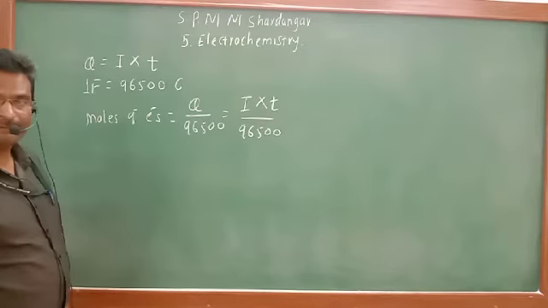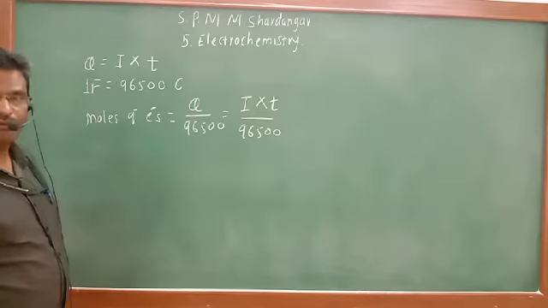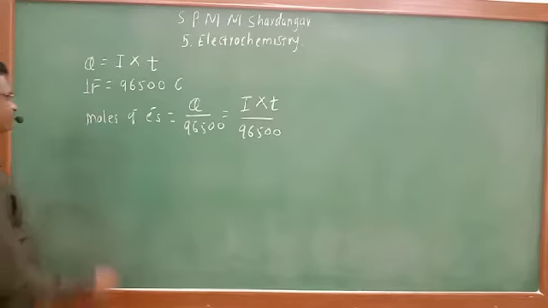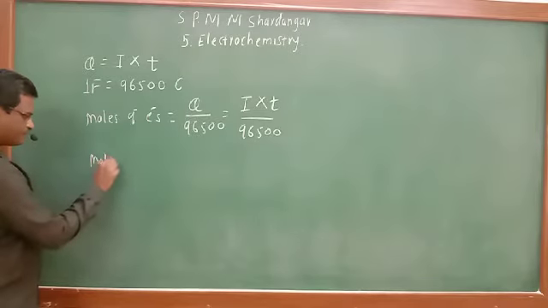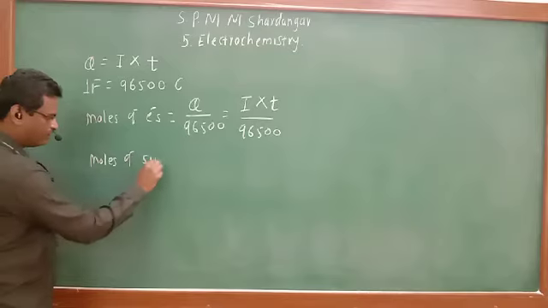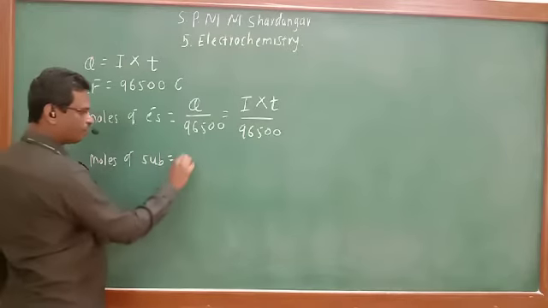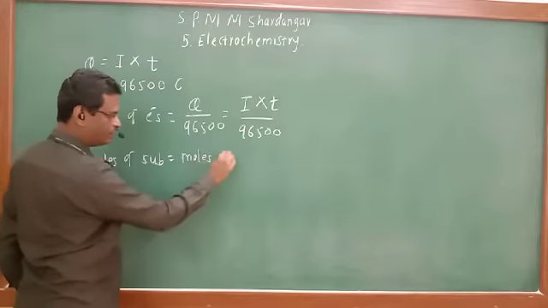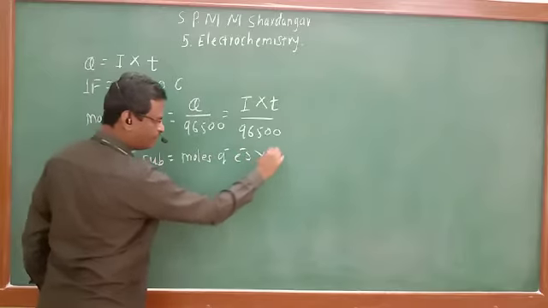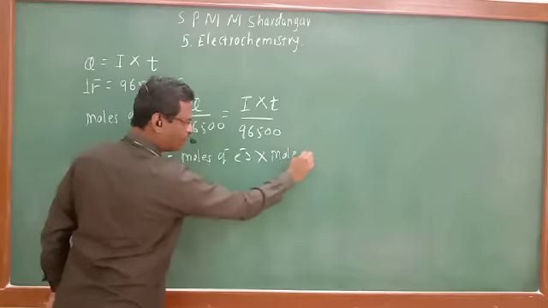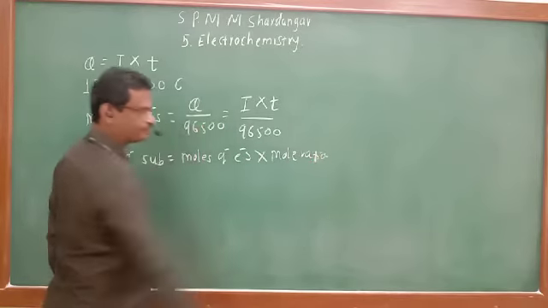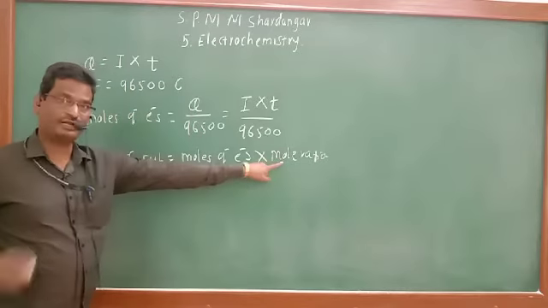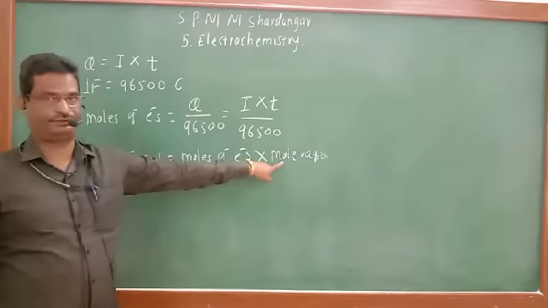Then we have seen the moles of substance. The moles of a substance to be calculated is nothing but moles of electrons multiplied by the mole ratio. What is that mole ratio? I have told you 4 examples.